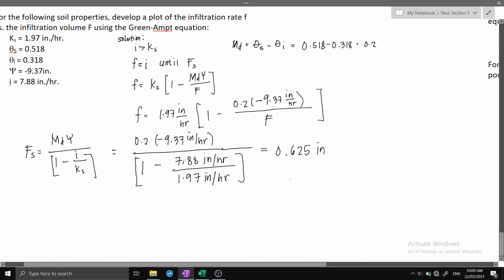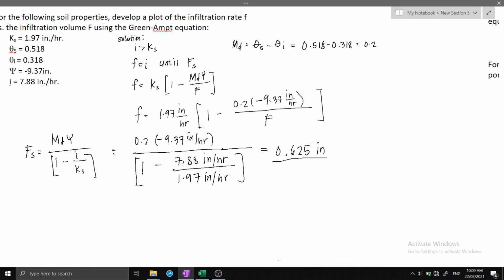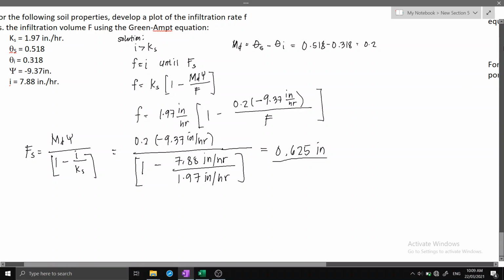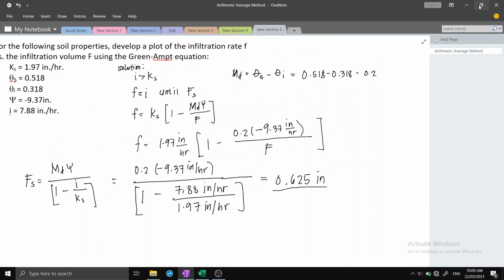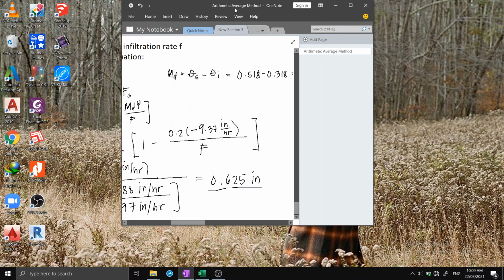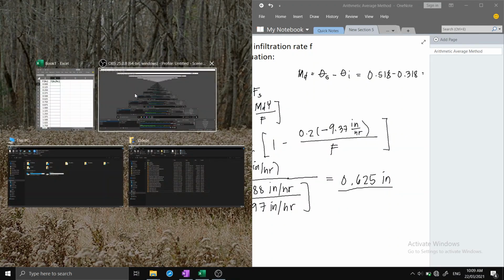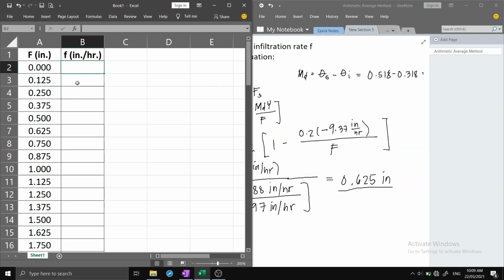But after this volume is reached, our infiltration rate is given by f is equal to 1.97 inches per hour times 1 minus 0.2 times negative 9.37 over F. So, let us now use Microsoft Excel to plot the infiltration rate versus the infiltration volume.